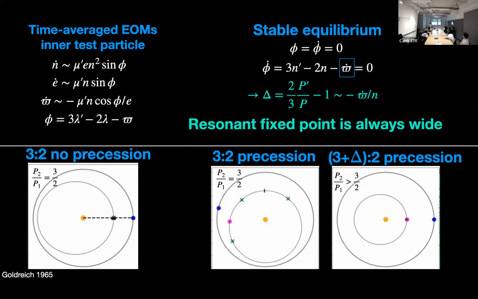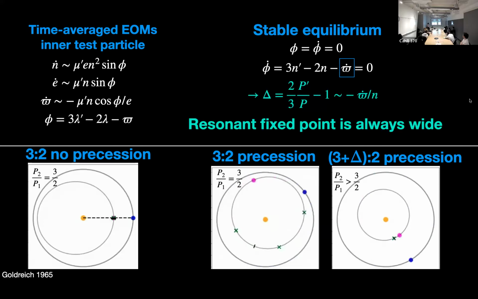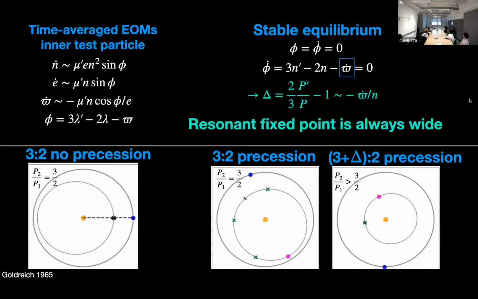So the way to regain your stability is to adjust your spacing a little bit, to adjust your timing. In the last movie, the period ratio is a little larger than 3 to 2, and you will see that the conjunctions will happen, boom, always at the same point in orbital phase, not the same point in inertial space. They'll happen wherever parity is.